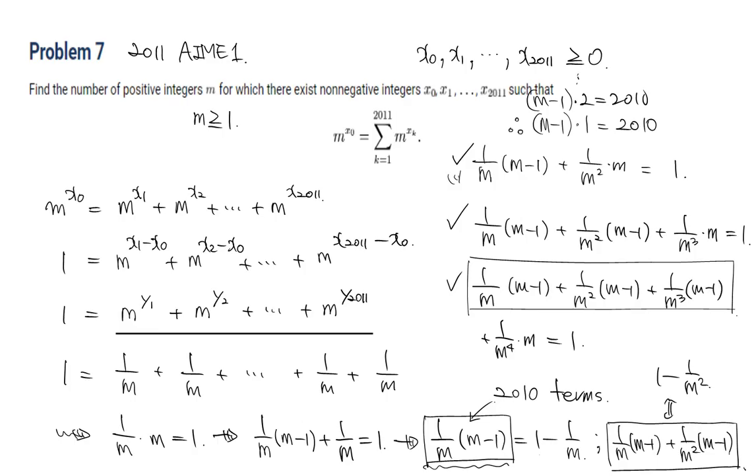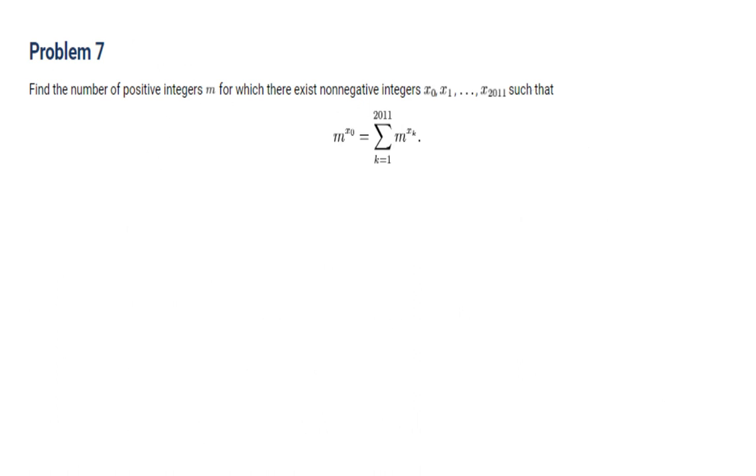So I think you need to factorize 2010. If you factorize 2010, well, let me erase all of this. We have m minus 1 supposed to divide 2010, and you can see that 2010 is just the product of 2 and 3 and 5 and 67.